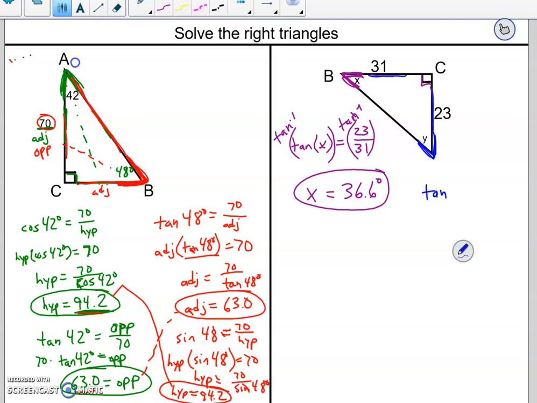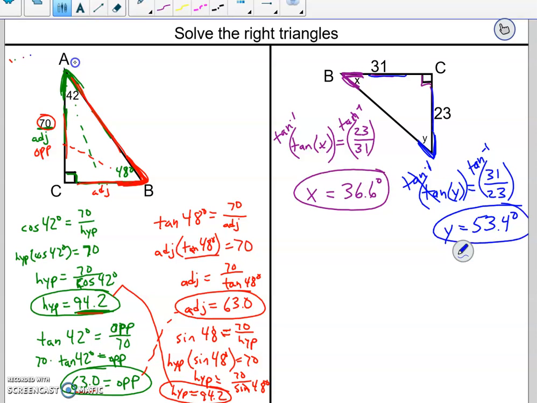You could say that the tangent of y is the opposite, so 31, over the adjacent of 23, and take the arctangent of this side, so that I'm going to get y by itself, and the arctangent of this side. Okay, those will cancel essentially, and y will be equal to whatever the arctangent of 31/23 is, which is 53.4 degrees.